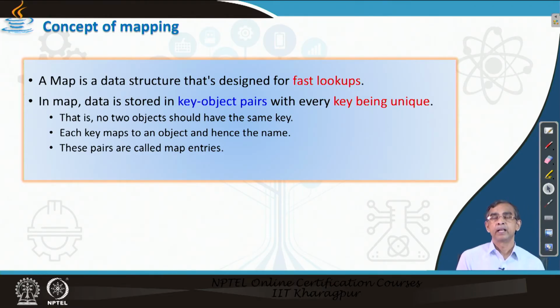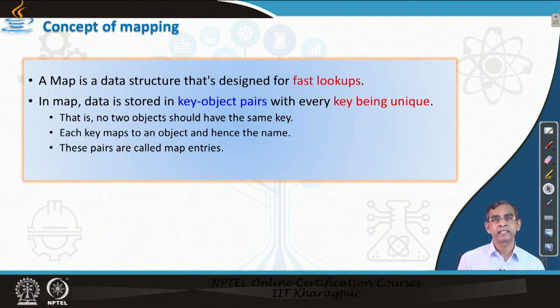Now, as you see here, in the hashing technique, two things are involved. One is that for each object there is an association with a key value. So, there are key-object pairs, and the key obviously should be unique. That means there should not be two objects for which the key values are the same.